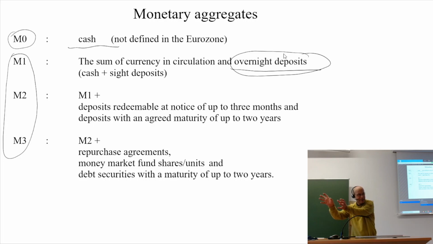So all these accounts, especially your banking accounts and all these other new modern ways, are money. Then we define M1 as cash money plus these overnight deposits.